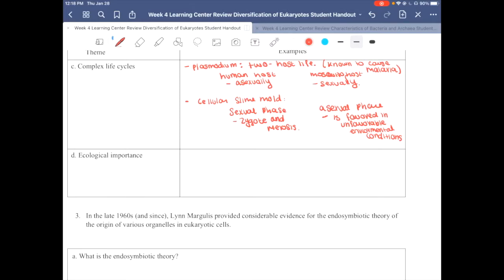All right, let's look at some ecological importances. Can anyone just throw out ideas for why protists are important to the ecosystem and the environment? There's some great benefits of protists to marine and freshwater environments.